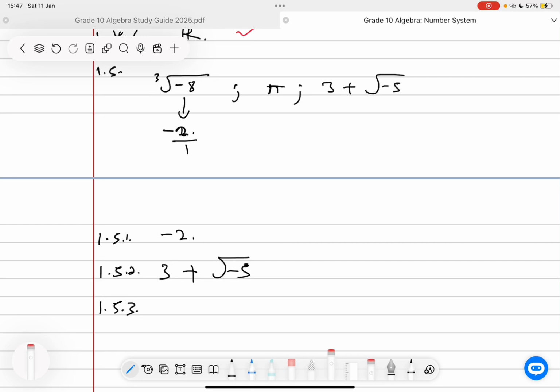Also in decimal form, it has decimal numbers that are non-terminating, that do not stop. They always give you numbers, and those numbers after the decimal point are non-recurring. They don't have a repeating pattern. They just go on forever like that. So pi would be a real irrational number.